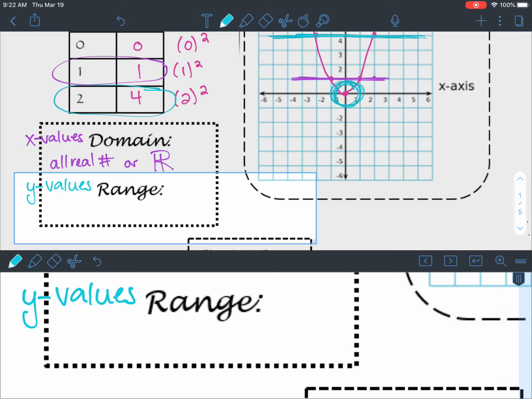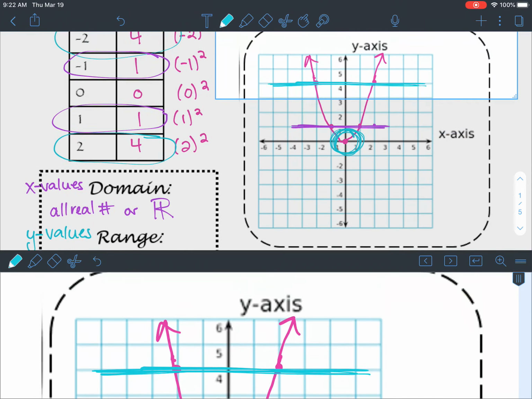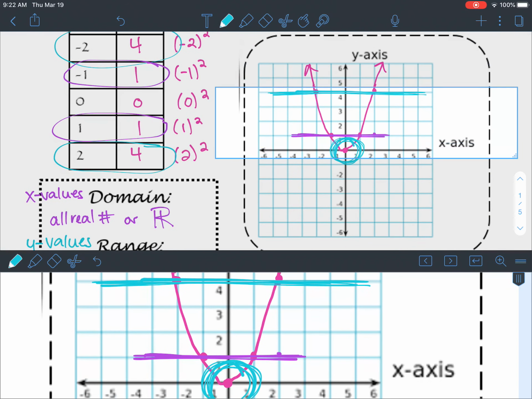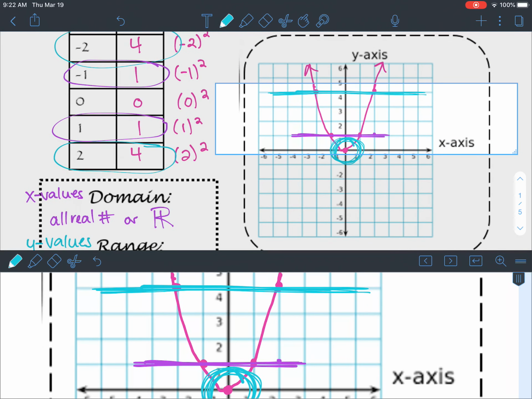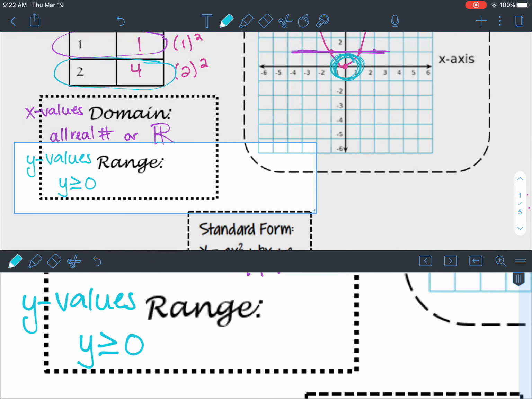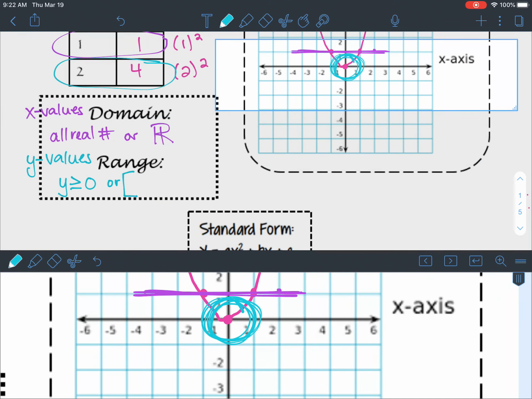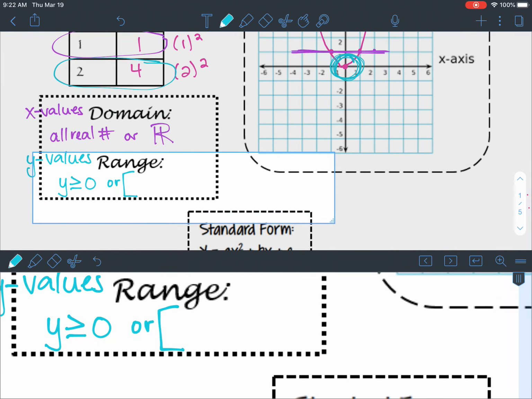So we have a couple different ways that we can write this. One of those is we can write that y values are greater than or equal to 0. So what that tells me is that every number that's bigger than 0 is going to have a y value. So all my y values bigger than 0 exist. Another way that we can write this is we can write a closed bracket. So that tells me that 0 is included in this range.